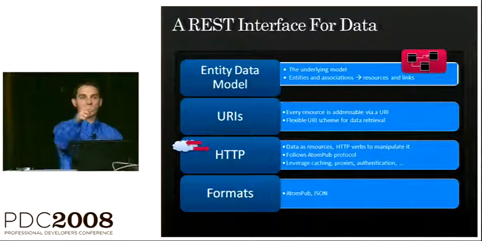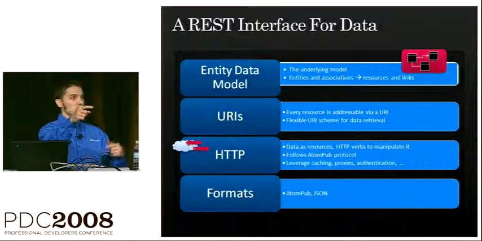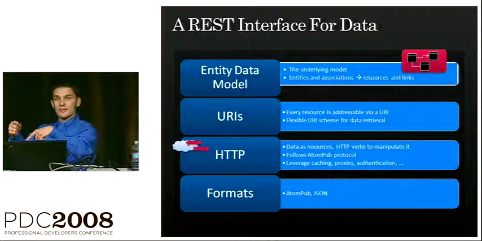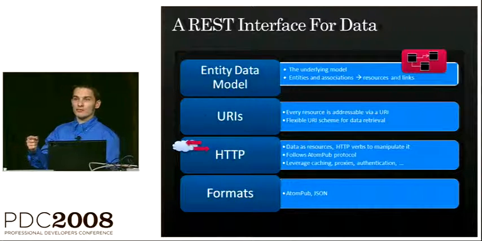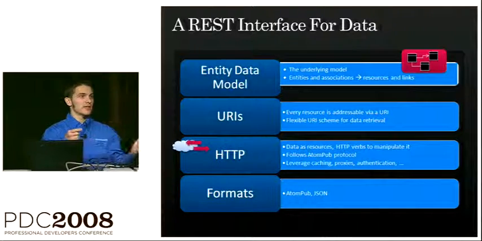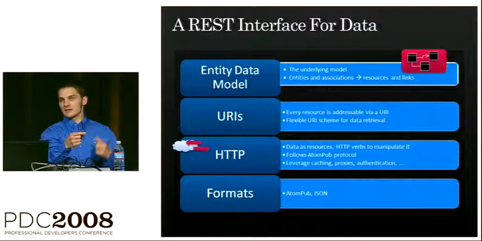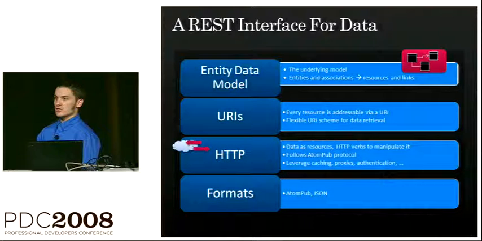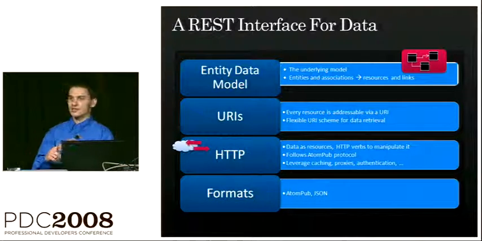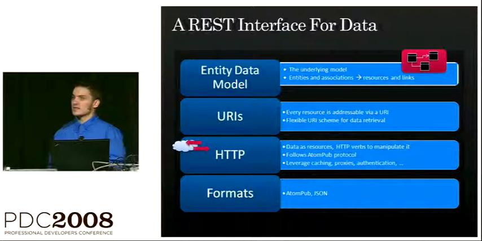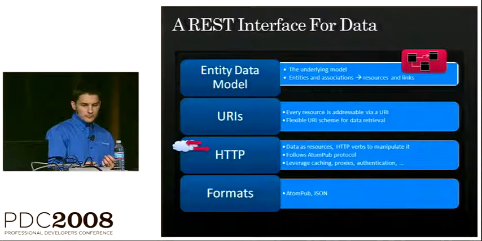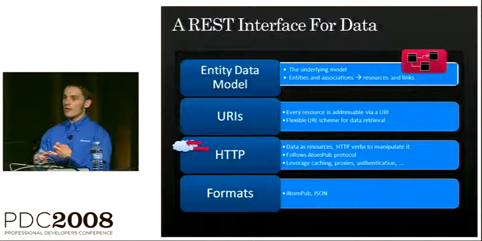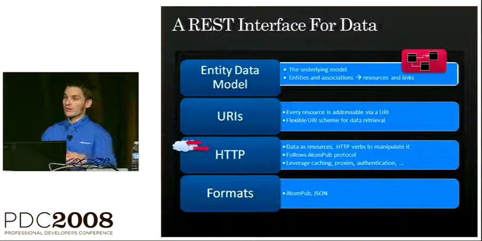So now we know how to point at data in the particular model and how to build out URIs, and we just saw that the way that you specify what action to take on the data you're pointing at is through simple HTTP gets, puts, posts, deletes, mapping to the various operations: query, insert, update, delete, etc. And so as you can see, we have pretty tight integration with the core concepts of the web, URIs, HTTP, etc. The reason why this is interesting to you as a developer is that, firstly, if we have this type of tight integration with HTTP, you can make use of all the HTTP infrastructure that's already deployed at large on the web.